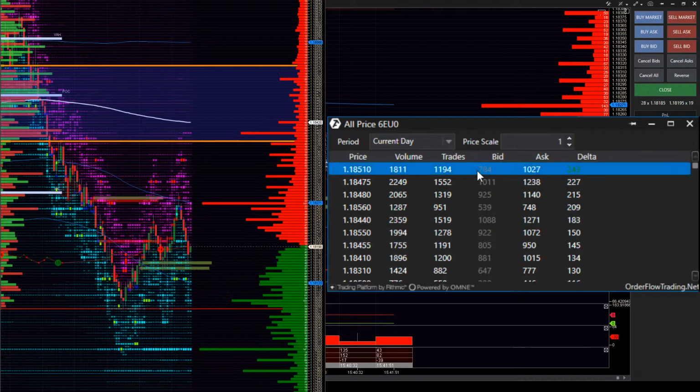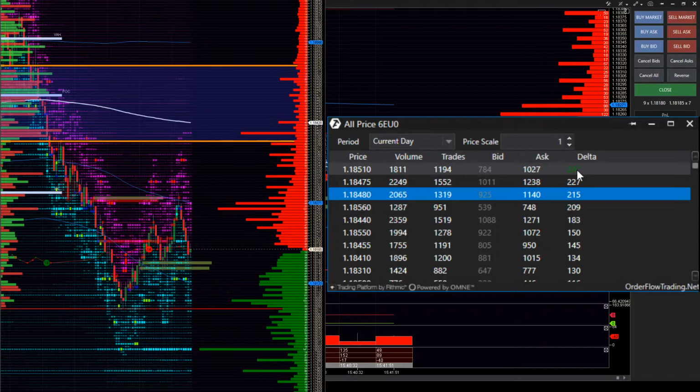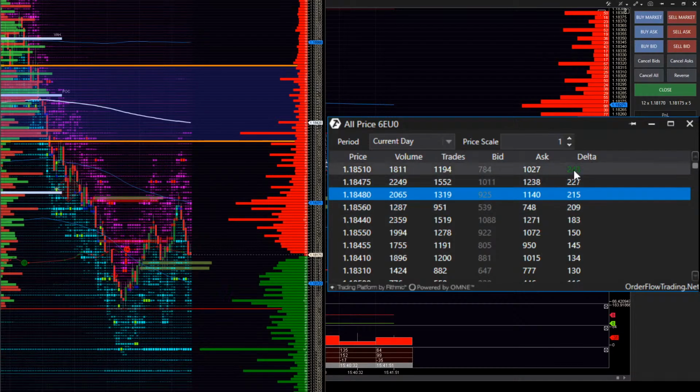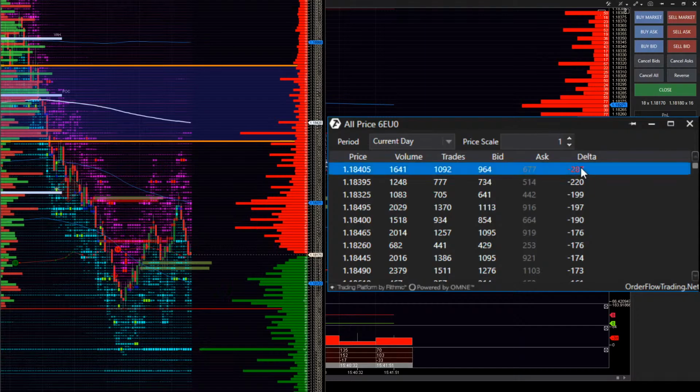Here we can see this is the point of control, which has been positive during the day. And actually the delta during the day has been positive as well. But let's try to find out where the negative delta has been, which is at 1840.05. So we just have to find that price here on the chart.